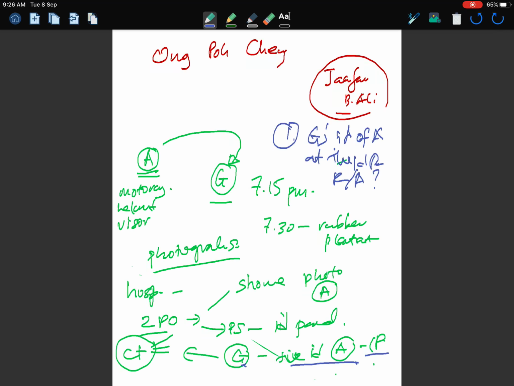Now, you have to look at the rules on safeguards on identification parades. You are not supposed to show a photograph because it is going to be highly prejudicial. The showing of a photograph can tantamount to coaching or indirect instruction for you to identify the person at the identification parade.